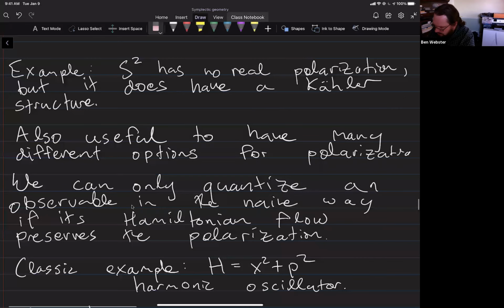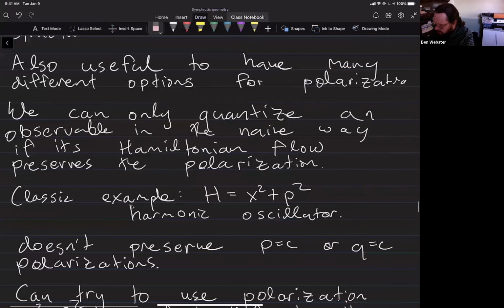All right, the other thing is, even in situations where you have a real polarization, it can still be useful to have a complex one. So we can only quantize an observable in the obvious naive way if its Hamiltonian flow preserves the polarization. Note, it doesn't have to send each leaf of the polarization to itself, but it has to send a leaf of the polarization to a leaf of the polarization.